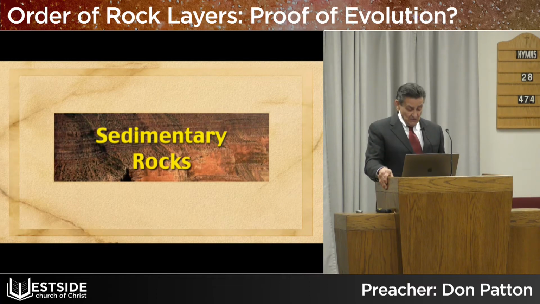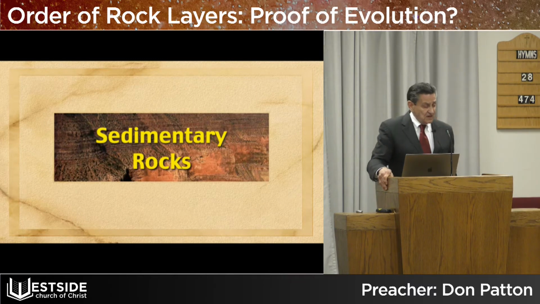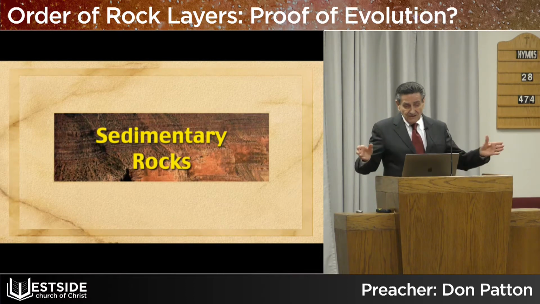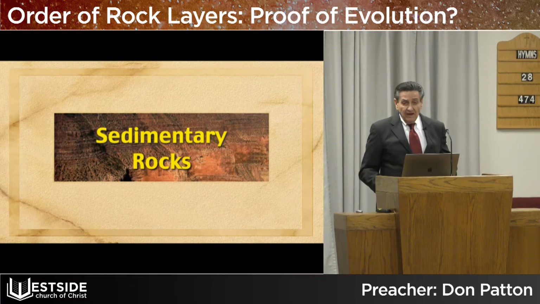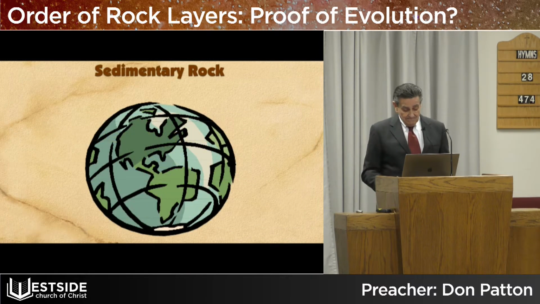We're talking about the rocks, and not just the rocks in general, the sedimentary rocks we're concerned about tonight. Those are rocks that are laid down by water, and we find them covering the continents to an average depth of about 1.5 miles.